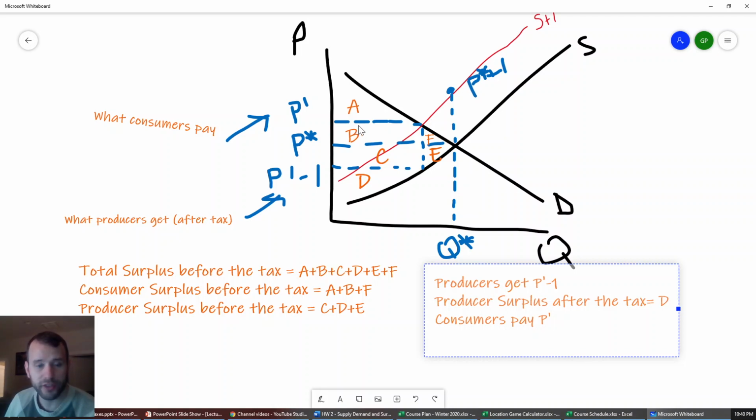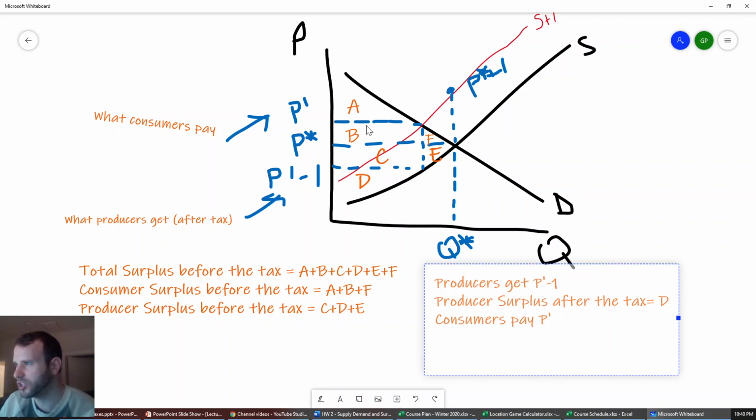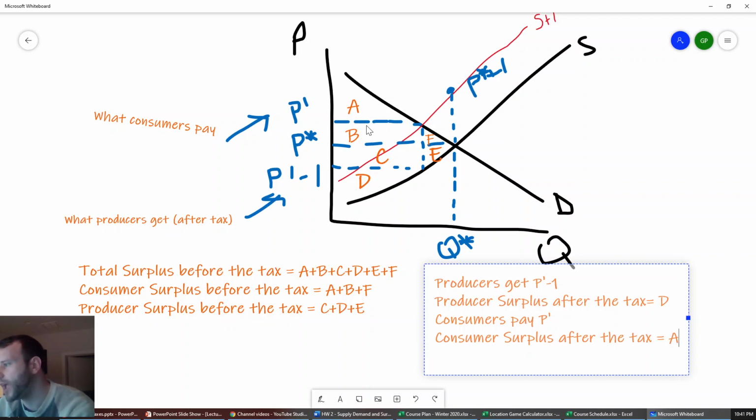That's the amount that they're charged. So their willingness to pay minus the price they pay is the demand curve minus P prime. So consumer surplus after the tax is equal to A.